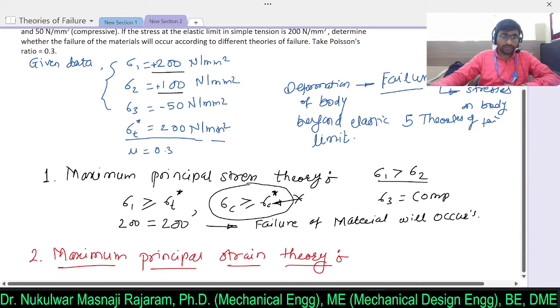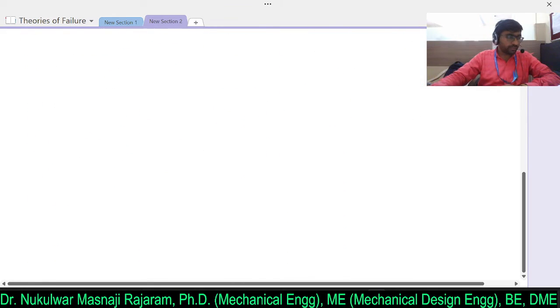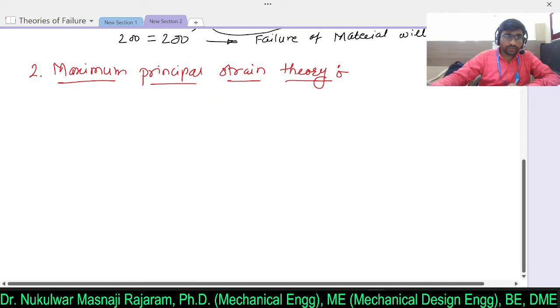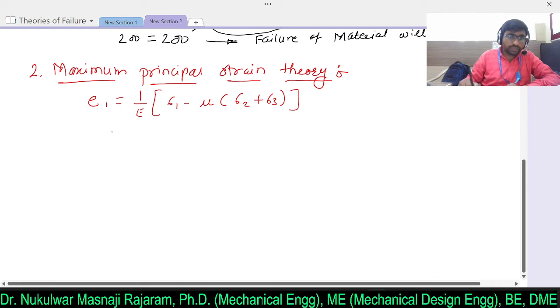I will write the strain along one direction, that is small e1 equal to 1 upon E in bracket sigma 1 minus mu into sigma 2 plus sigma 3. We don't know the E value, so I will keep it as it is. Sigma 1 is 200 minus mu into sigma 2, which is 100.